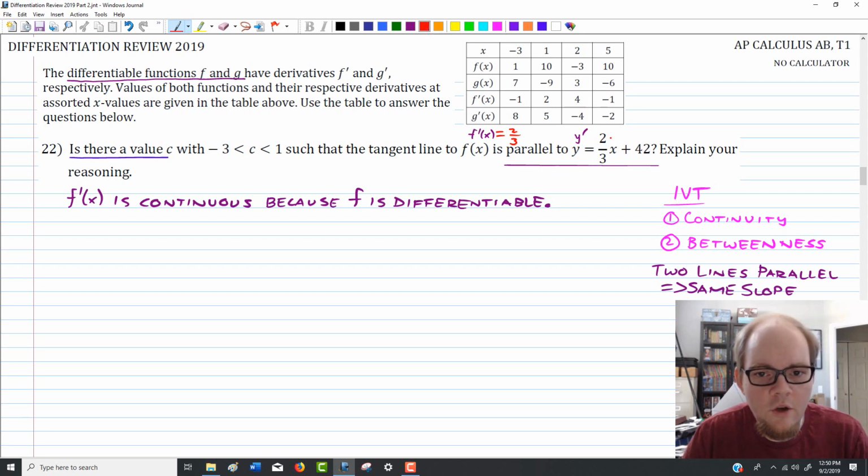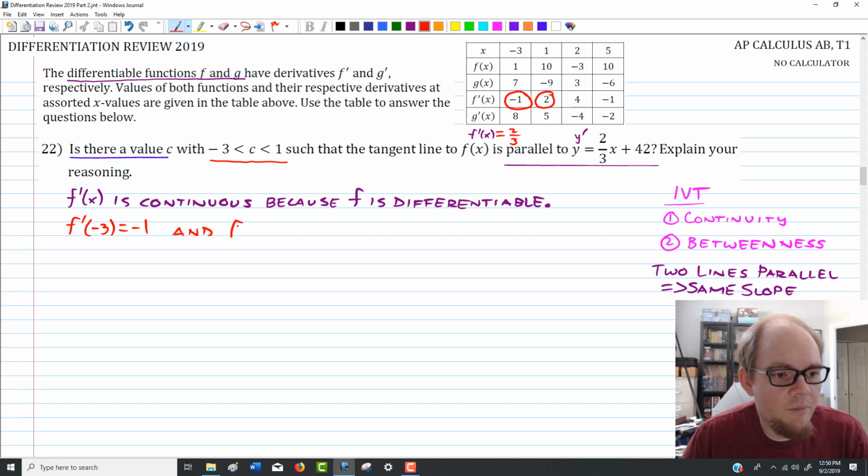Next, we talked about the slopes and about trying to figure out a way to guarantee that f prime, or the slope of f, is equal to 2/3. Well, on the interval from -3 to 1, f prime moves from -1 to 2. So f prime of -3 equals -1, and f prime of 1 equals 2.